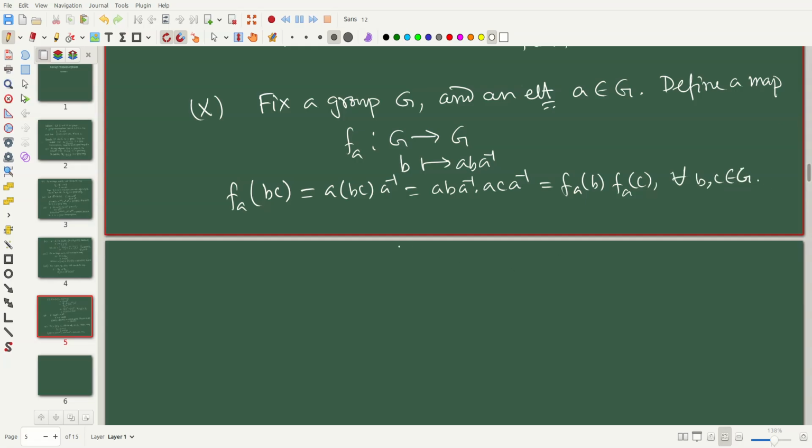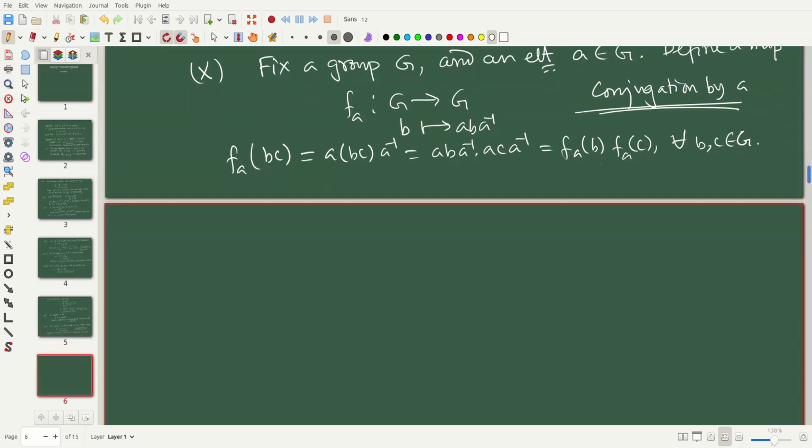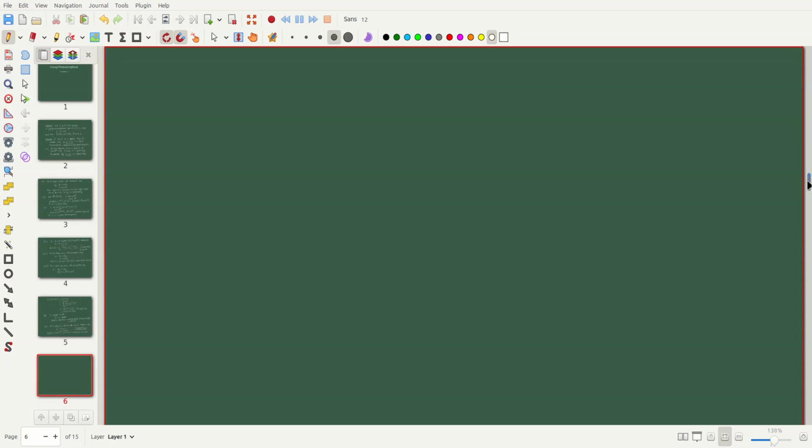This is called a conjugation map. So this map is called conjugation by a. Okay, so we have seen 10 examples of group homomorphisms.